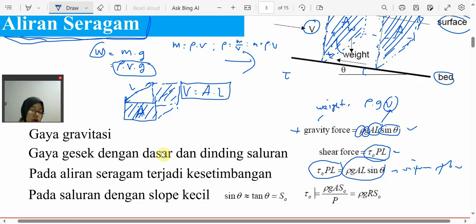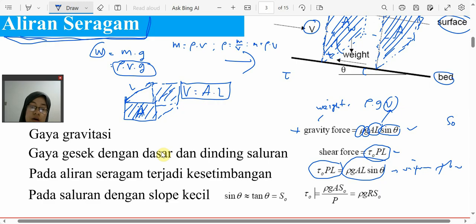If we look at an open channel that has a very small slope angle theta, we can assume that sin theta is equal to the slope of the channel, which is S0.